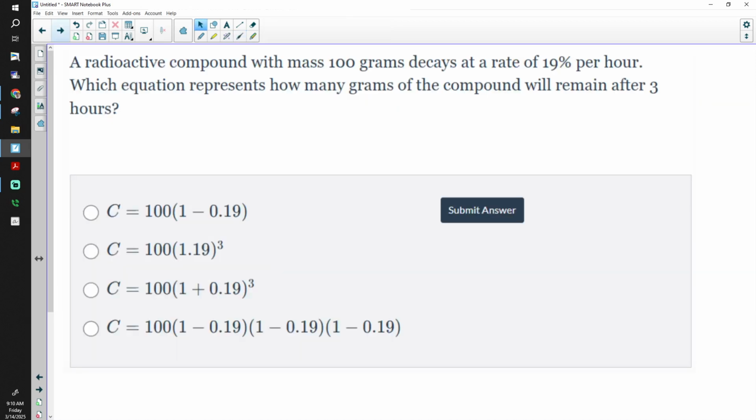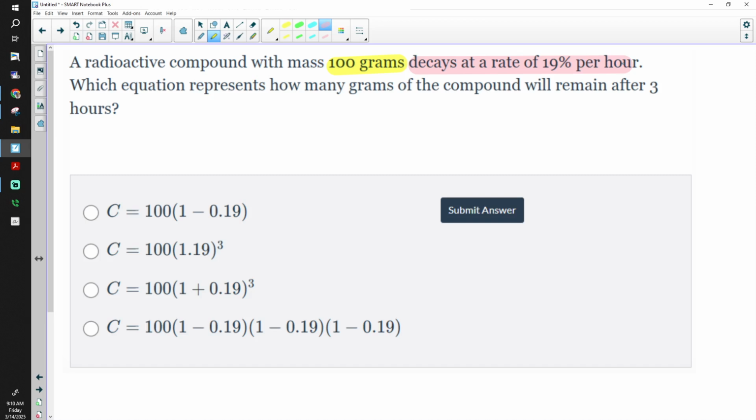All right, last one. We have a multiple choice question. We're given a story problem and trying to determine which of the choices is the correct function. So a radioactive compound with a mass of 100 grams decays at a rate of 19% per hour.